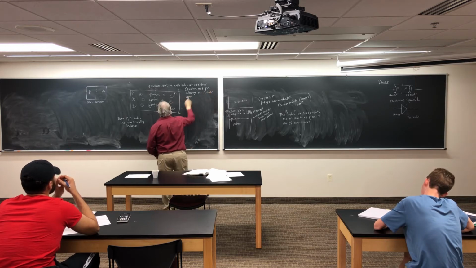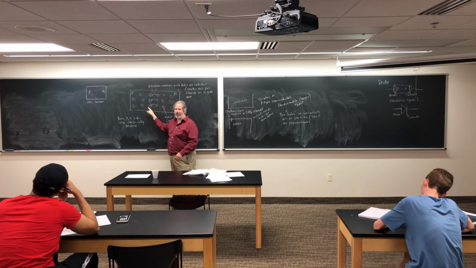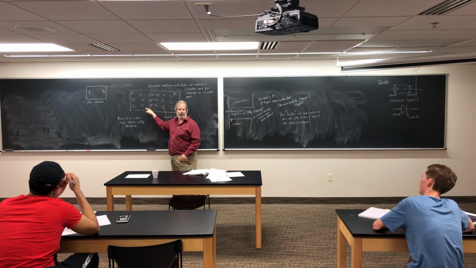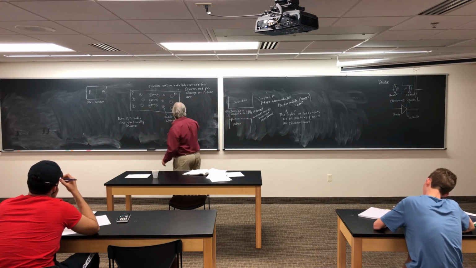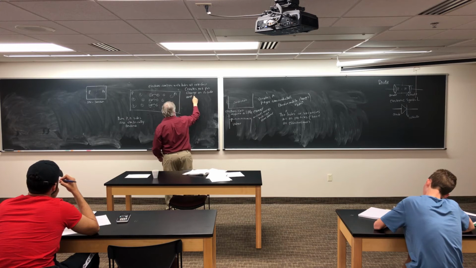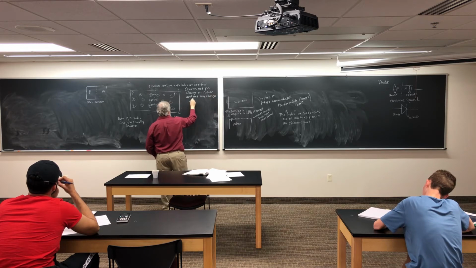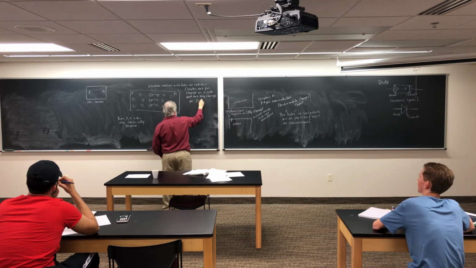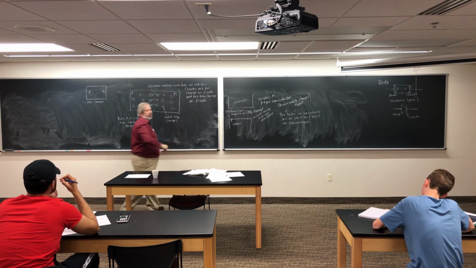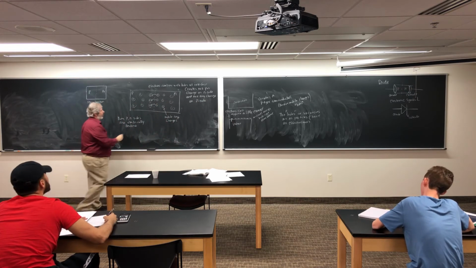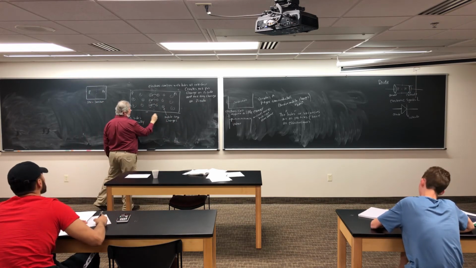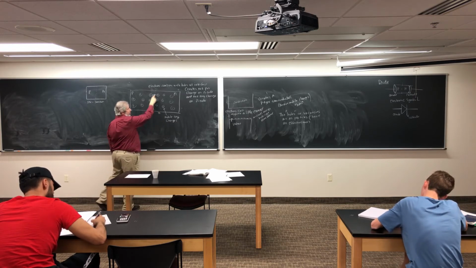And on top of that, we have an extra electron on this side now, so a net negative charge on the P side. Okay? So now we have a net negative charge over here and a net positive charge in the vicinity of this interface.